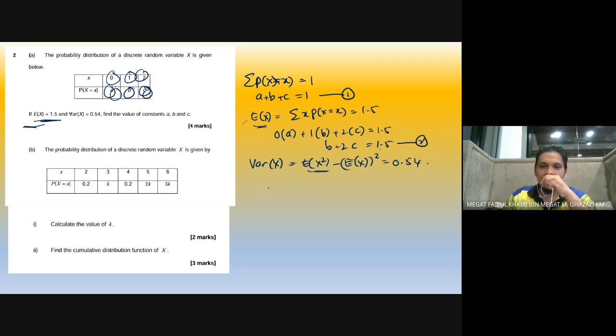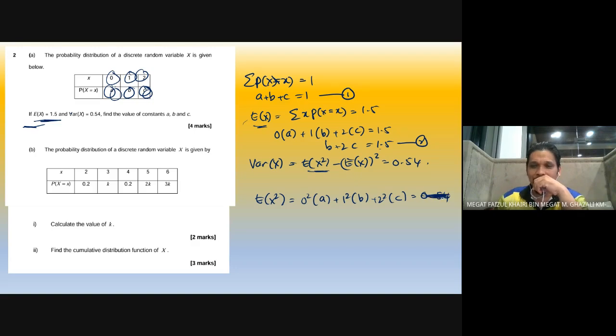So we need to find this first, expected of x squared, which is 0 squared times A plus 1 squared times B plus 2 squared times C. No, no. This one is not 0.54 yet because it's only for expected of x squared. So this is 0b plus 4c.